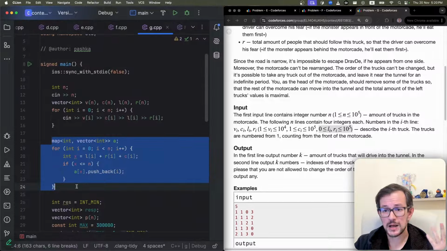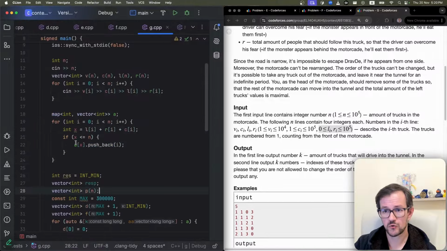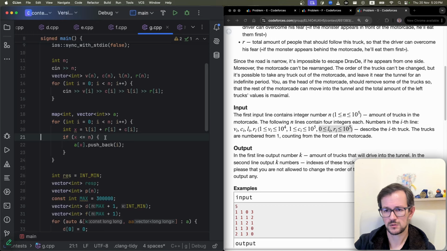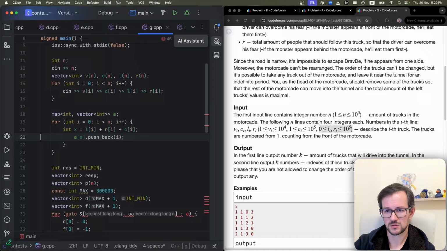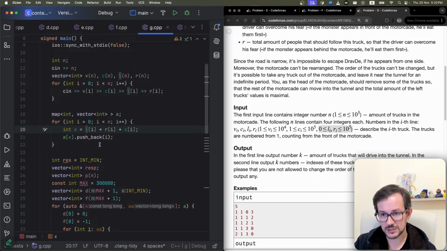Here, I split all elements into classes. So for each bus, I calculate this sum.